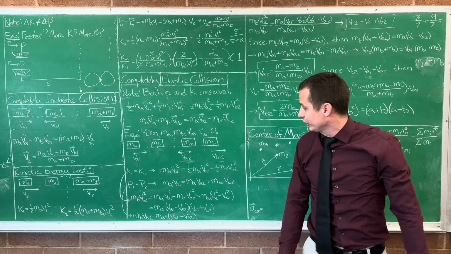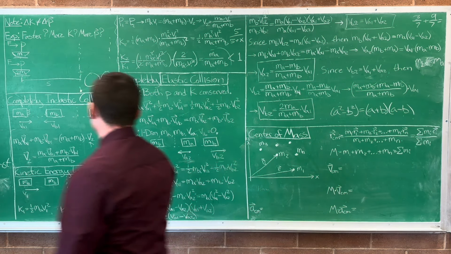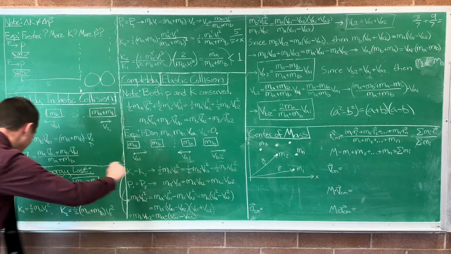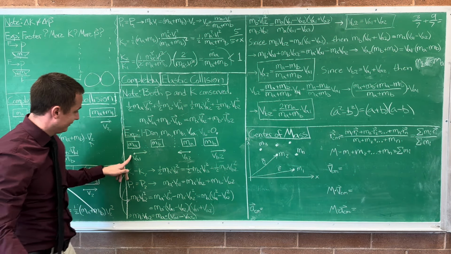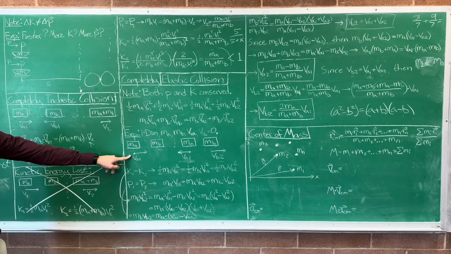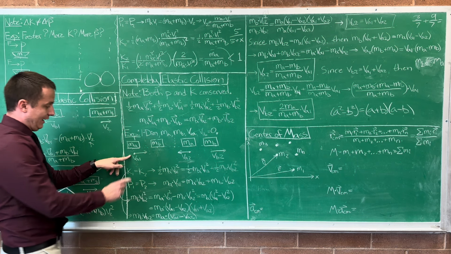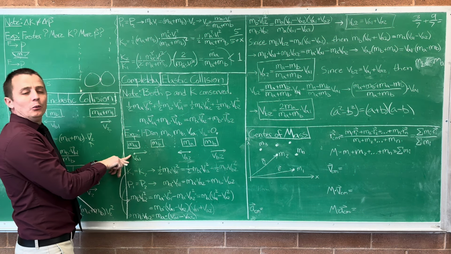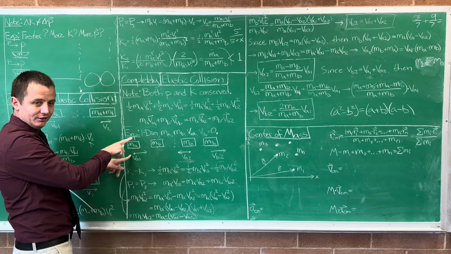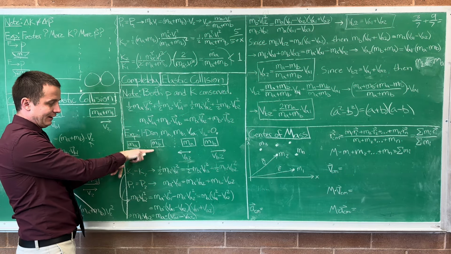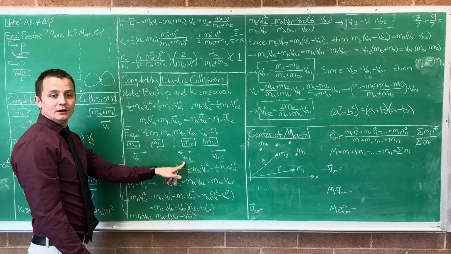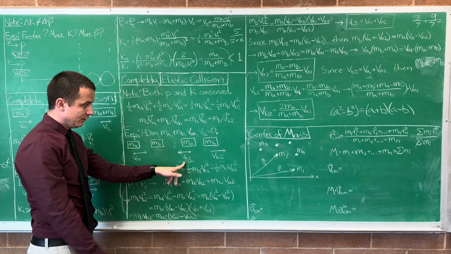So let's look at what happens when they're the same. Looking at this picture, what we've noticed happen in billiards is, you hit this thing, and it hits into that one, and it stops. VA2 becomes 0, and VB2 becomes the exact same as VA1. So let's check that.